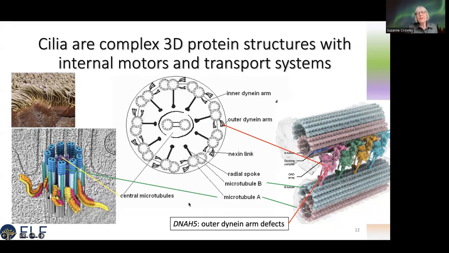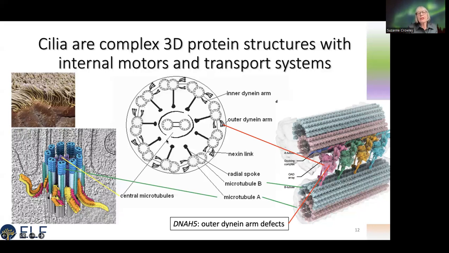So if you have a mutation, for example, in a gene called DNAH5, you can't make these outer dynein arms, and it means the tubules can't slide over one another and they can't move. So even a small defect like that is enough to disrupt the movement of the cilia. So DNAH5 is said to be a milder mutation.